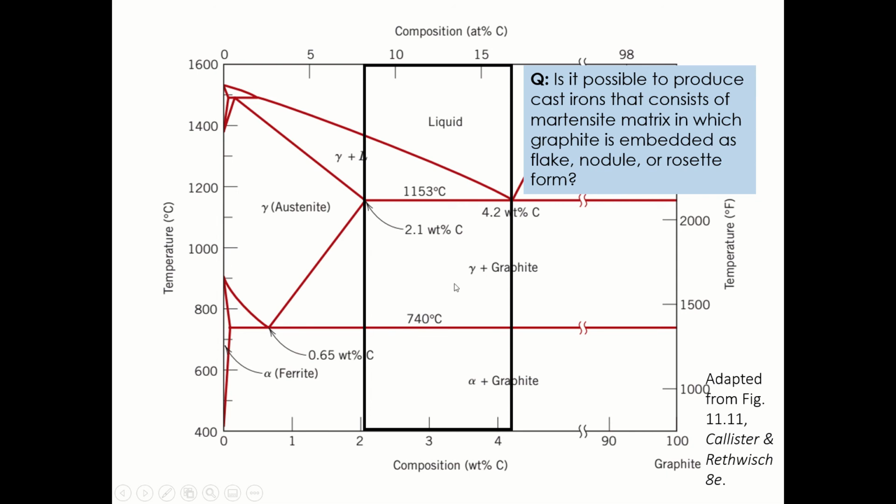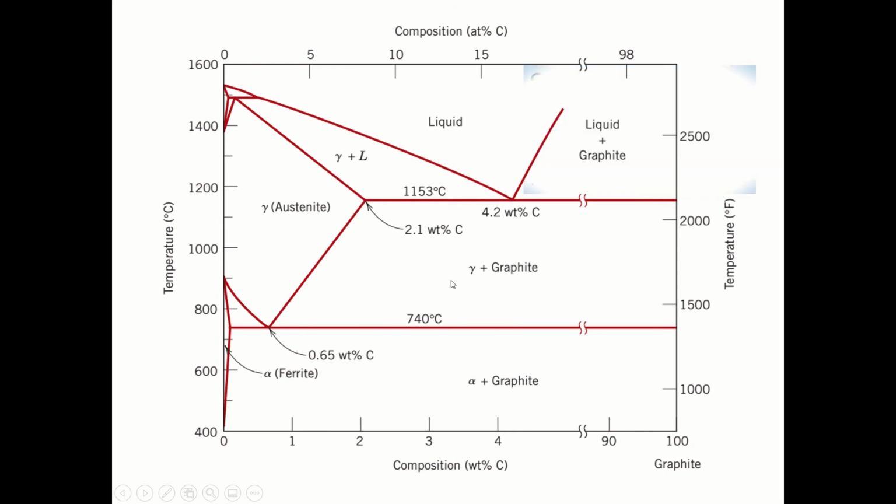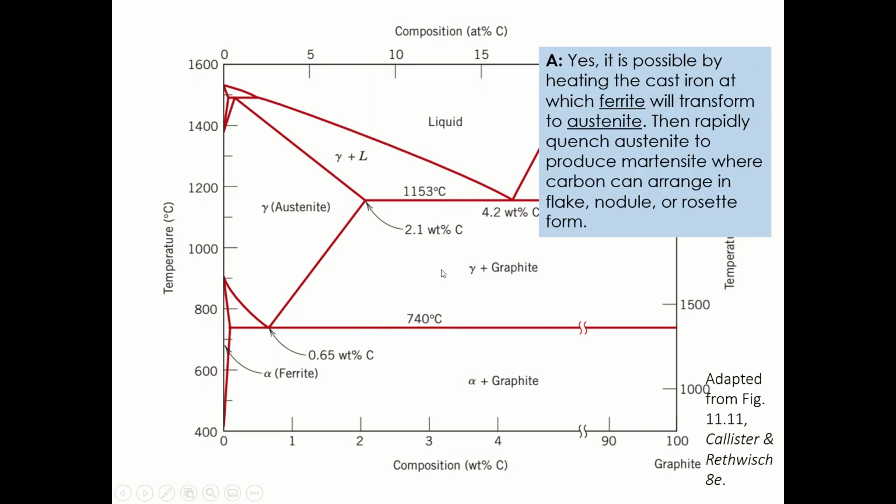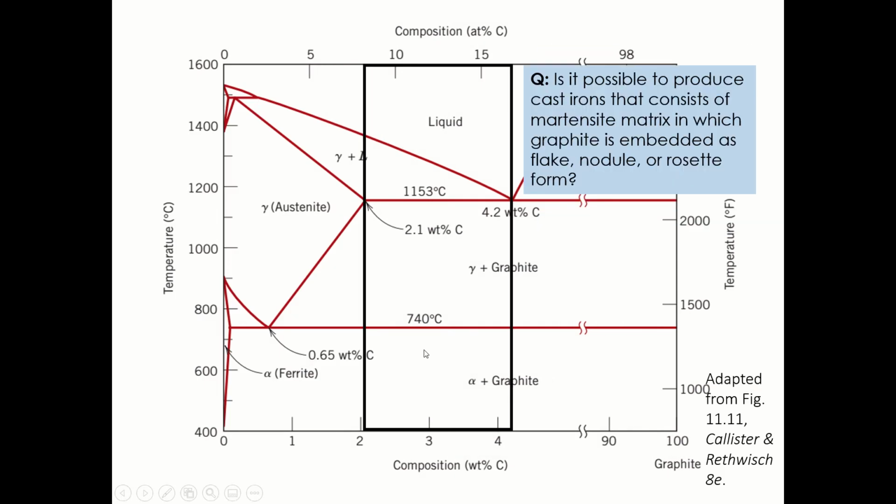So flake. Whenever we have a concentration of cast iron between 2 to 4% and we increase the heat, increasing the heat can give us the property that we want.